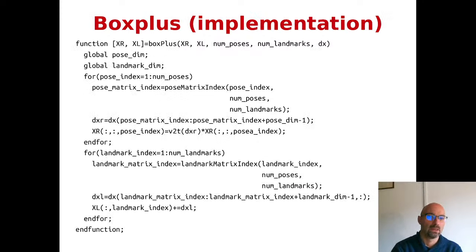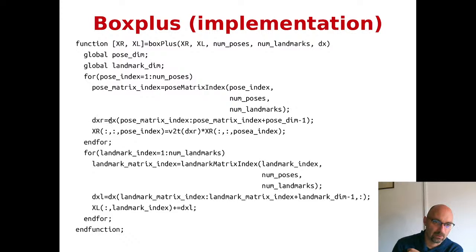Very good. Now, to calculate the box plus, following our specification, for each pose in my data structure, I calculate the index of the pose into the perturbation vector by using the function pose matrix index that I've defined before, so I know where my delta XR begins.